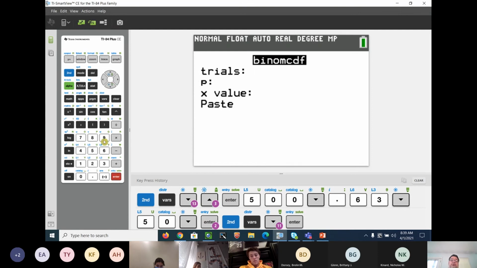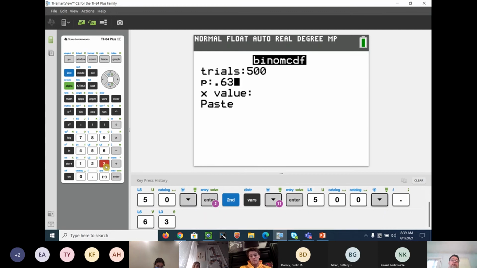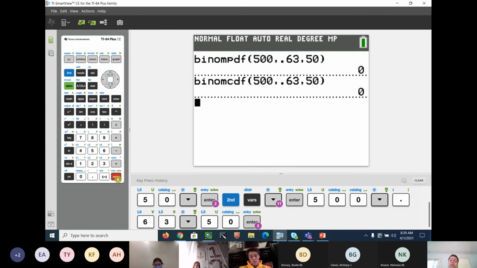It doesn't matter since it's equals. 500, 0.63, and 50. Wow. I won't do that in another million years. I actually picked 3 numbers that would give me a 0 probability. Sorry about that. But anyway, there's a 0 probability that you're going to hit tails. That's not right. I must have picked bad numbers.